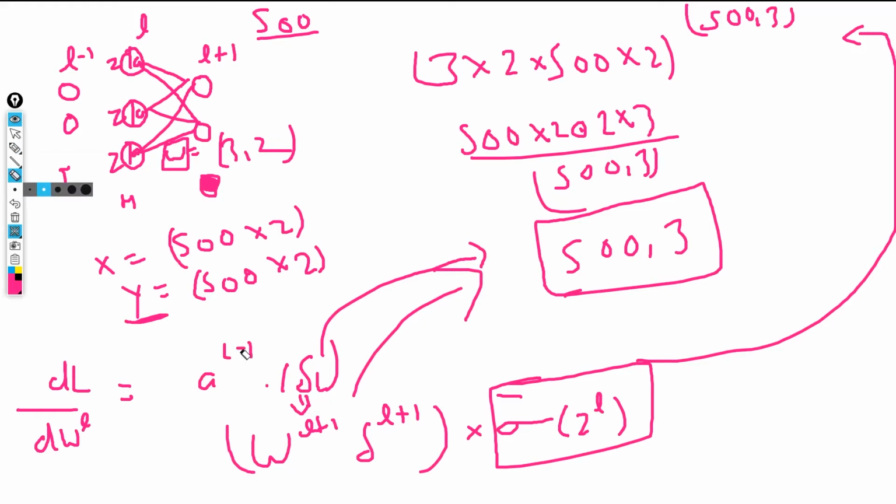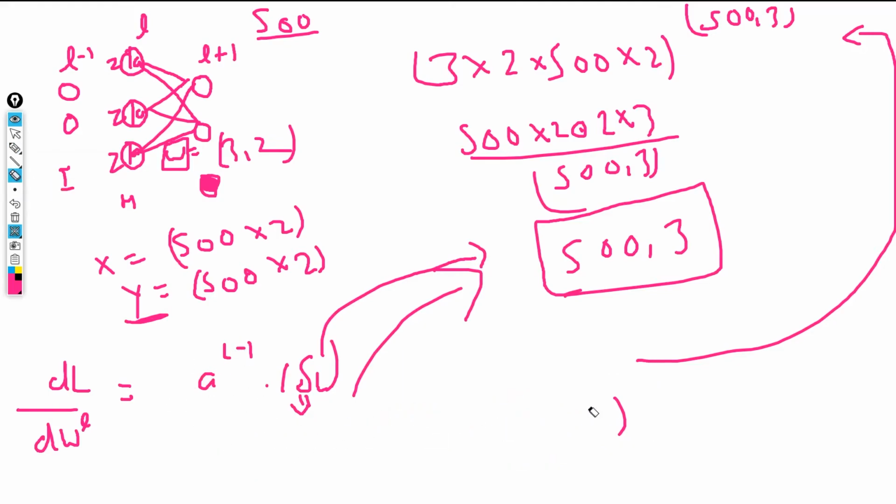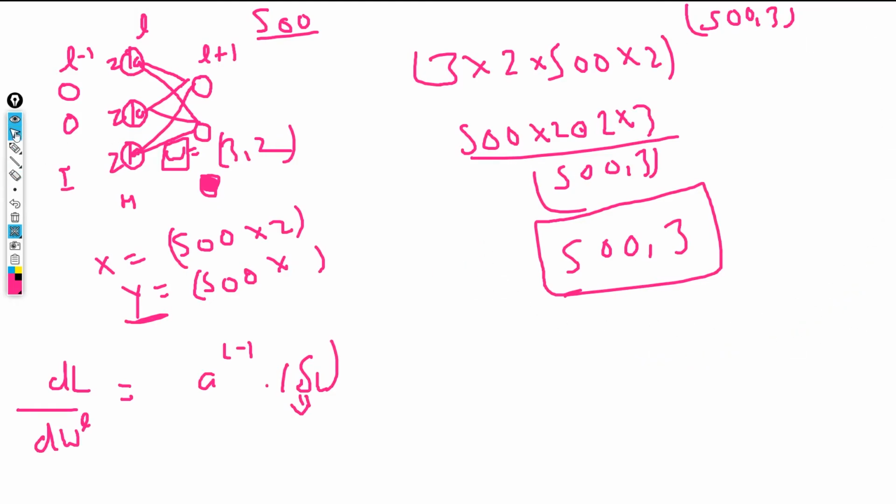Now let's multiply it with this part, which is the activation values of this layer, and this is going to be 500 times 2.